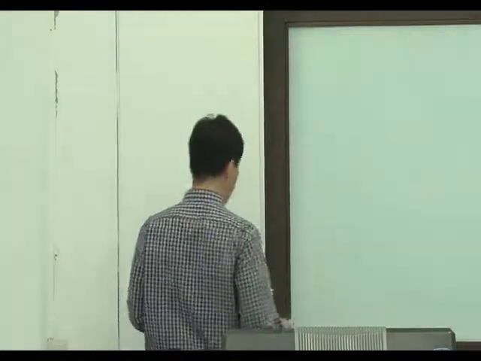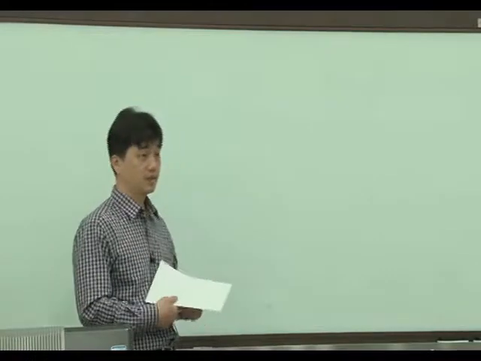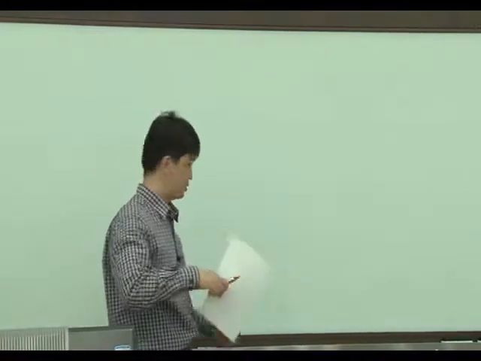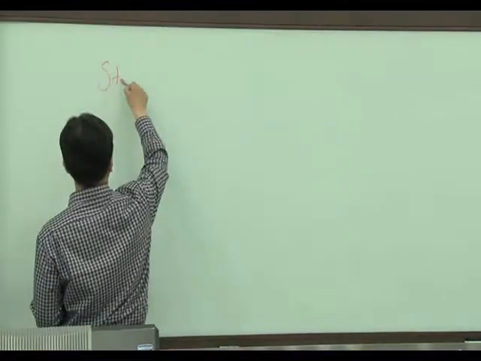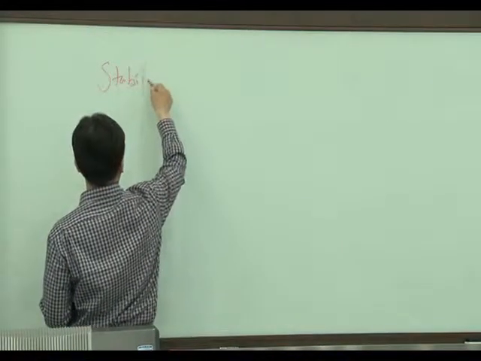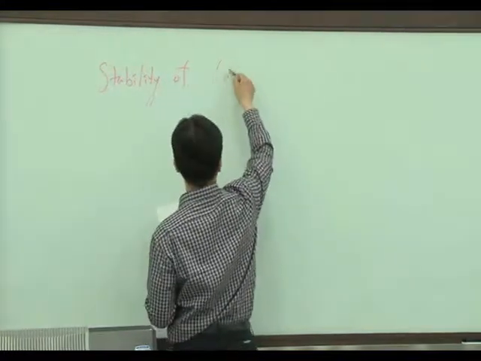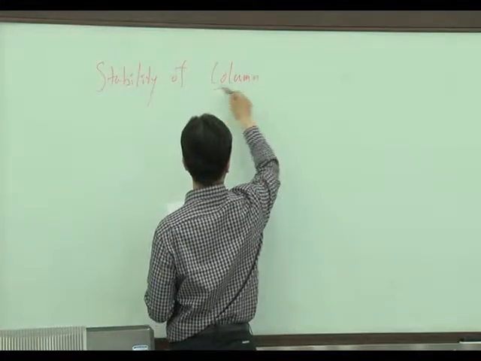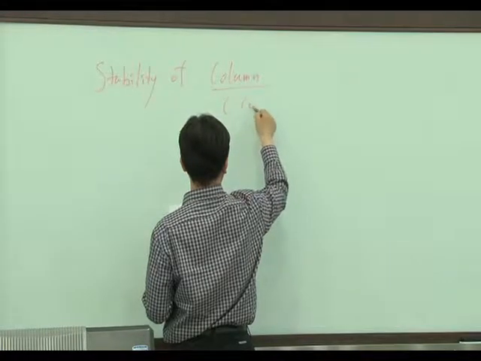Today I'd like to talk about stability of column. This is really basic. So column is a compressed bar.